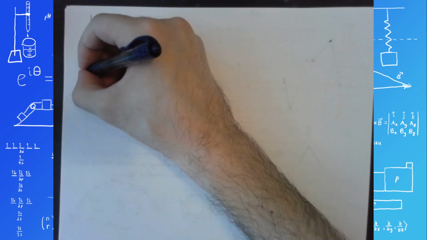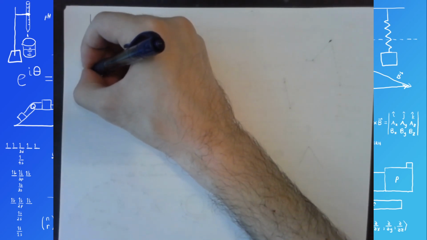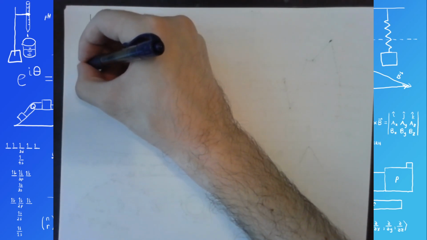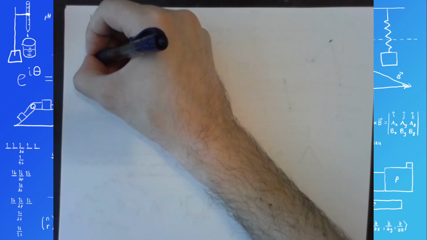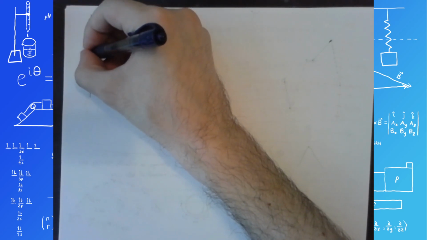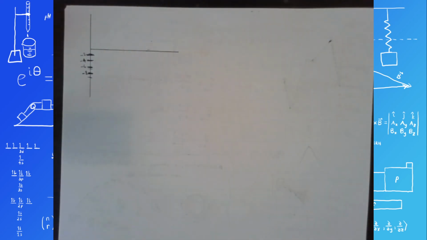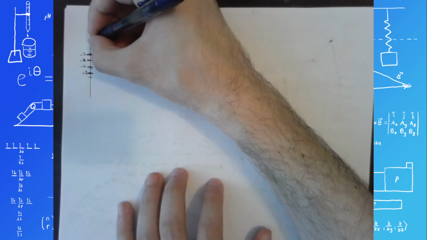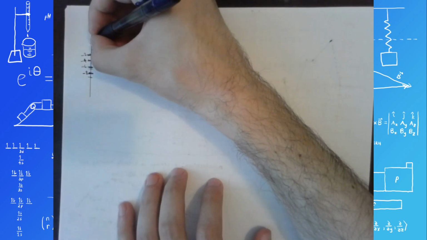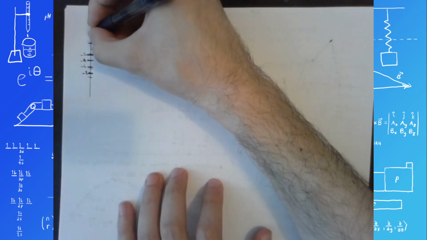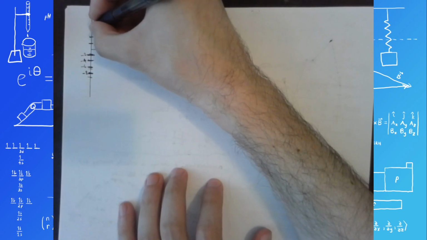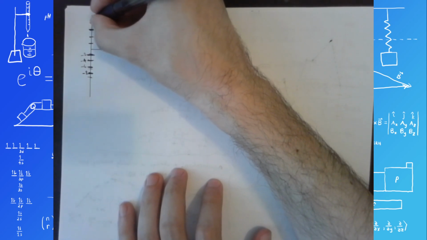There we go. There's -8, -6, -4, and -2. I need to make sure my 4s don't end up looking like 9s. And then 2, 4, 6, and 8.